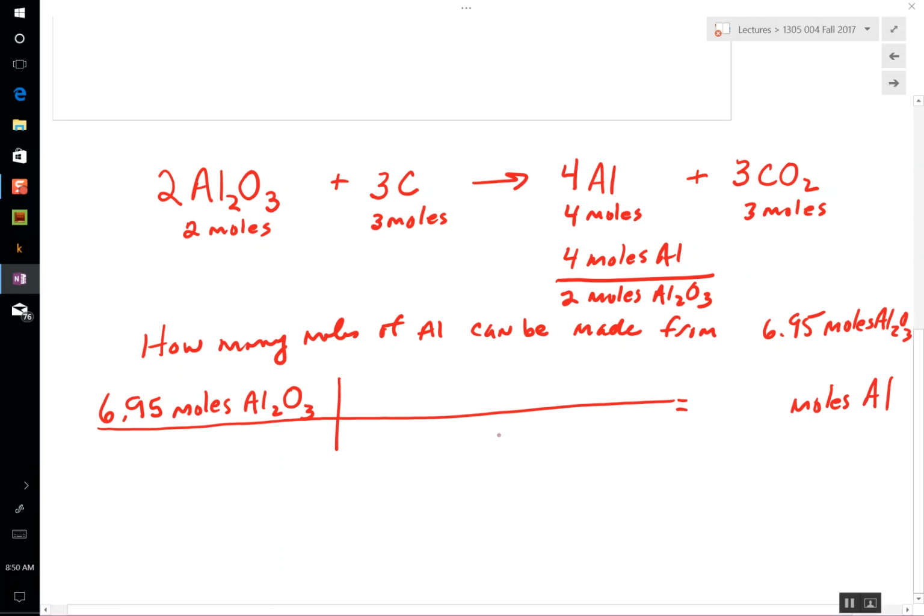So I want to put moles of aluminum oxide down here, 2 for every 4 moles of aluminum. By putting it in this order, moles of aluminum per mole of aluminum oxide, I convert moles of aluminum oxide into moles of aluminum.